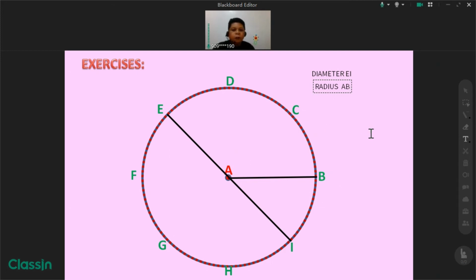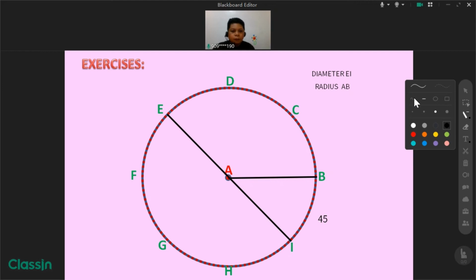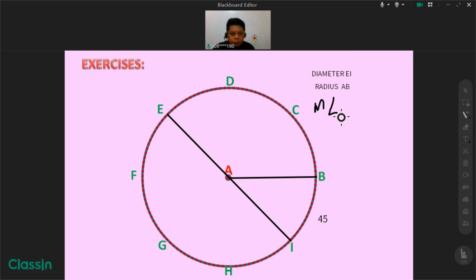So if the measure of arc BI is, let us say, 45 degrees, okay, that is 45 degrees, so what is the measure of angle BAI? What is now the measure of angle BAI?